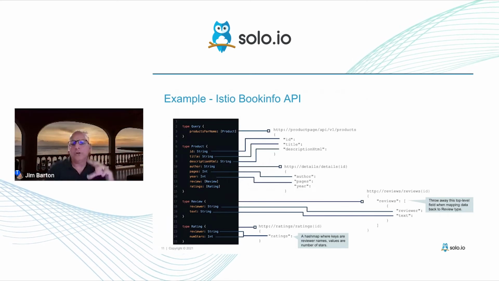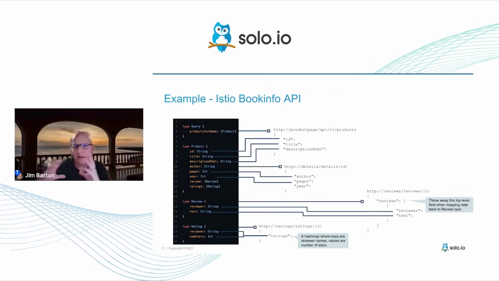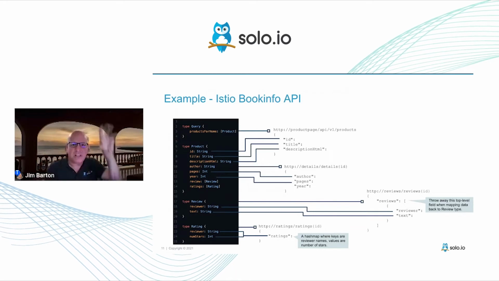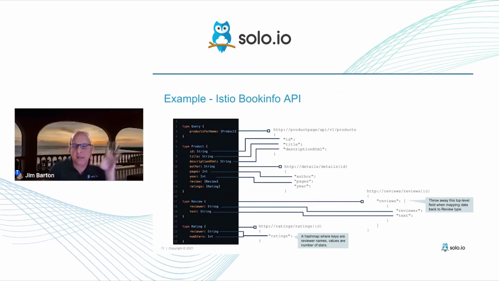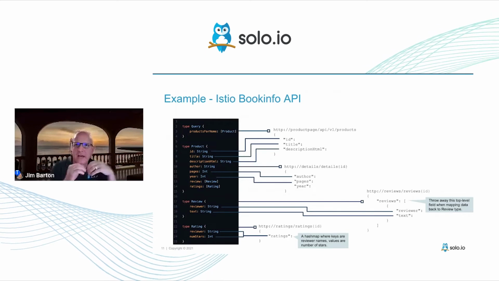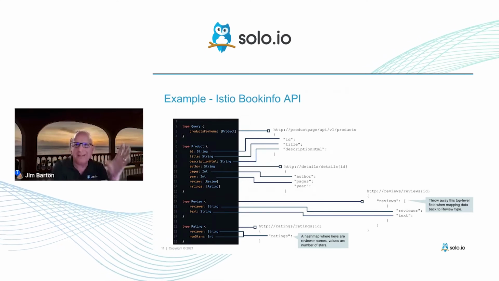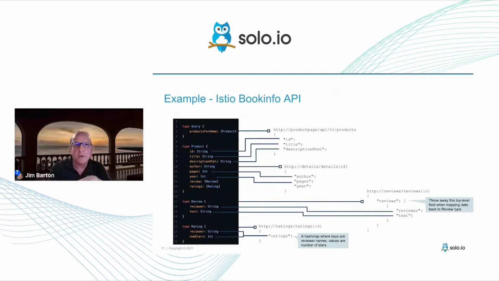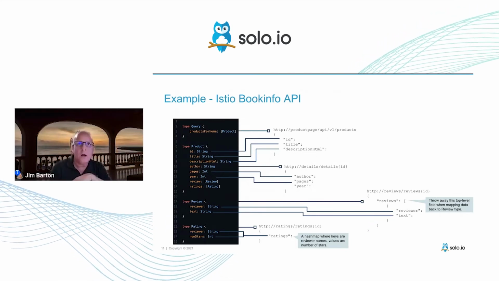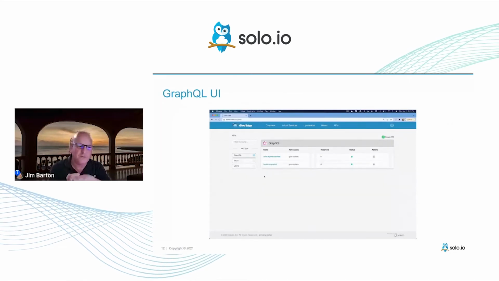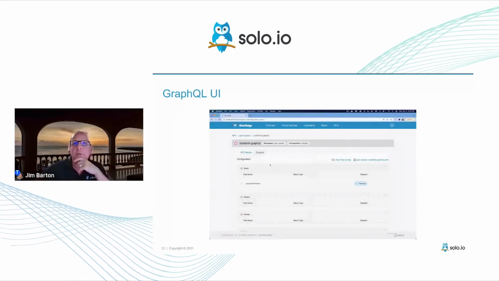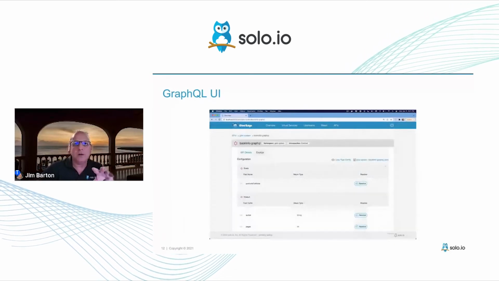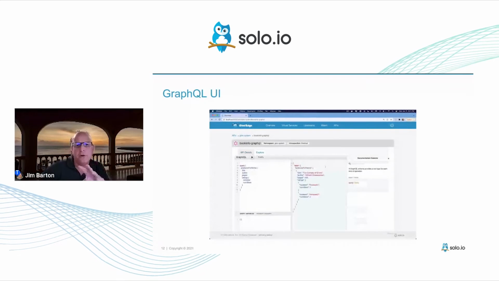And so what we're going to do is show you how you can take that network of applications, specify schema for it in a declarative fashion, and then put a GraphQL front end on top of that to drive its operations. Okay. We'll also show you a bit of the GraphQL UI that comes with Glue Edge. So a lot of our clients actually don't prefer to use this UI.